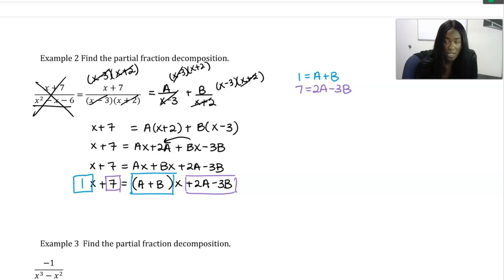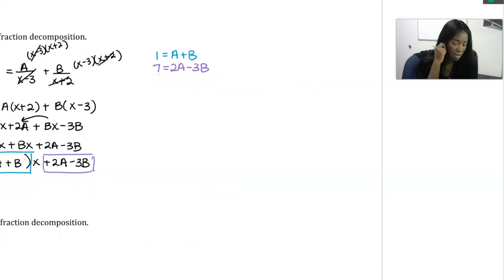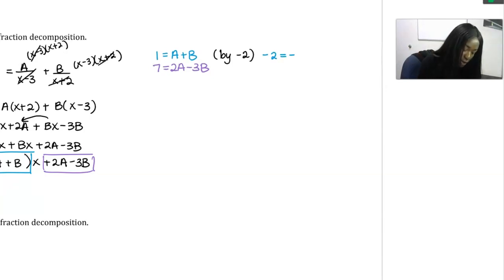I'm going to solve this by addition. You could quickly use substitution too, because you can take that first equation and solve for either a or b. I'm going to choose to eliminate a, so I'm going to multiply the first equation by negative 2. Then I will have negative 2 equals negative 2a minus 2b.